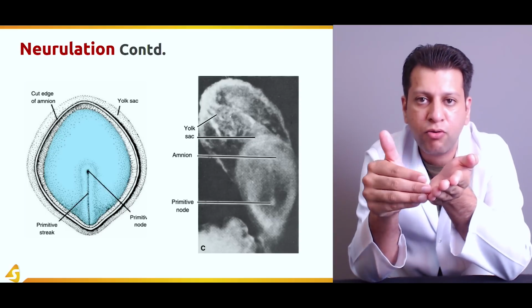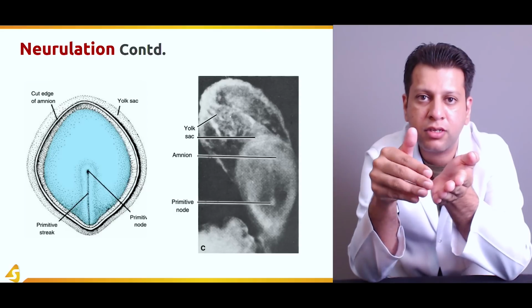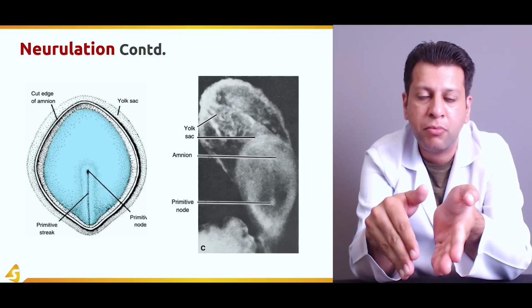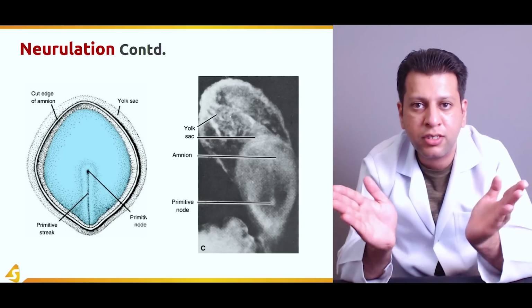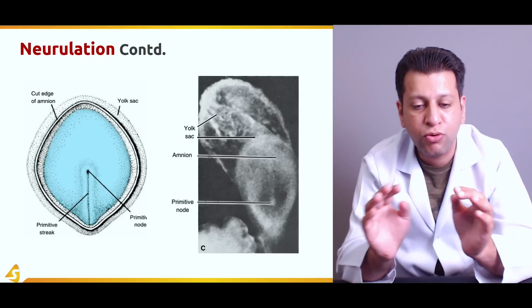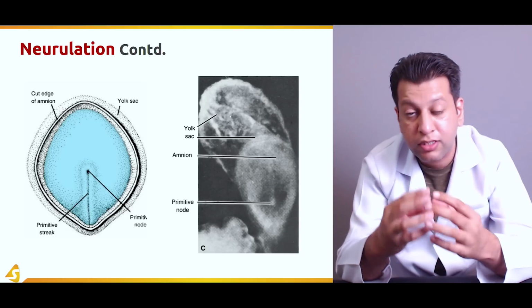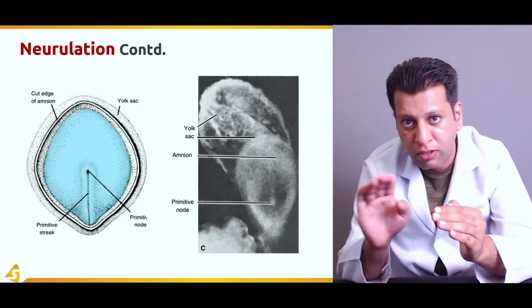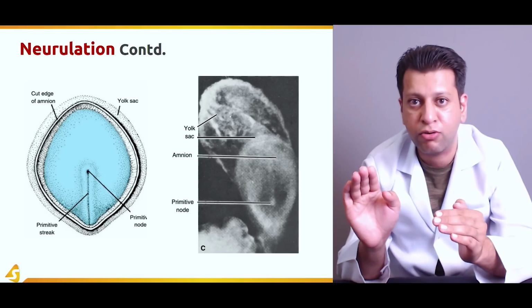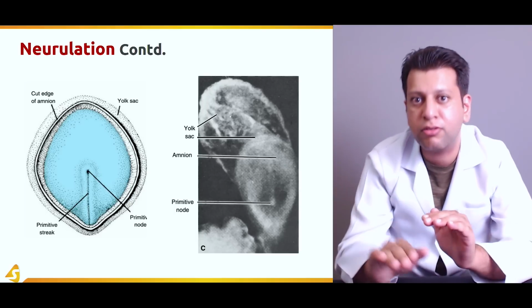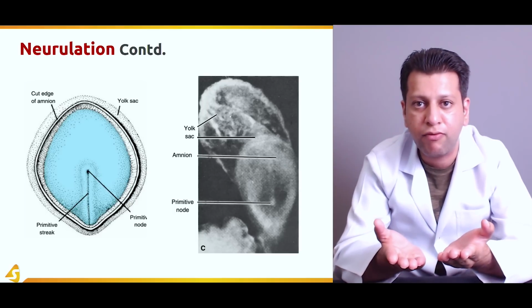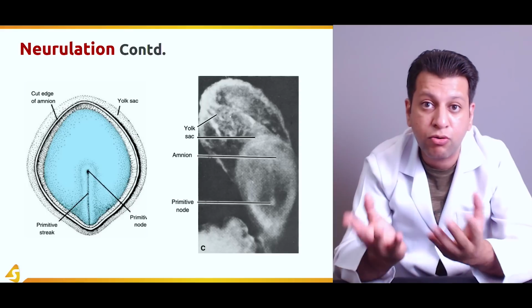Eventually there will be a groove formation, not because the cells are dipping in, but rather because the cells are dividing on the sides and growing out. After some time, the cells forming the ridge of that growth lie higher than the cells of the plate, so they look and appear like a groove formation.